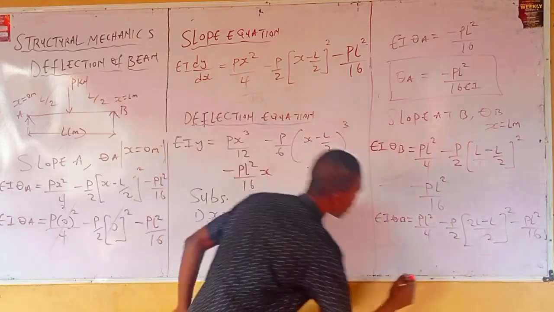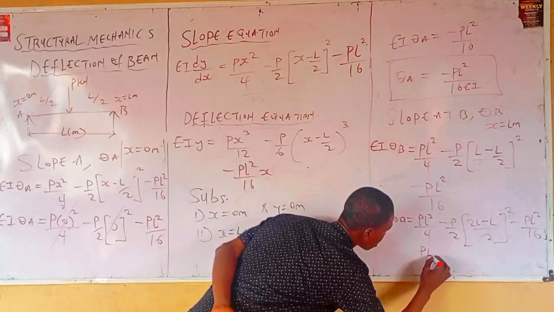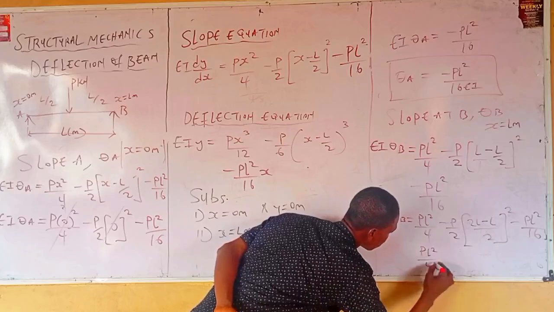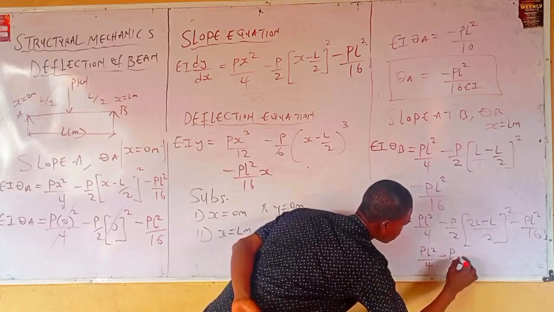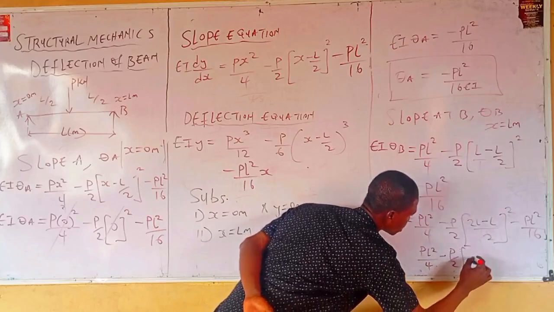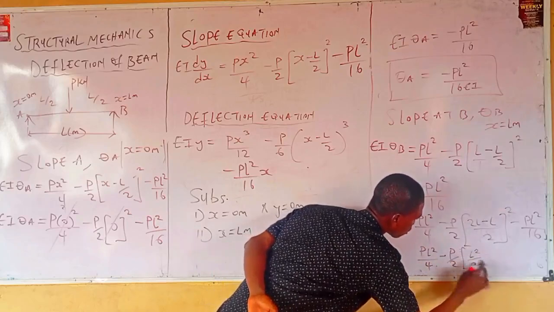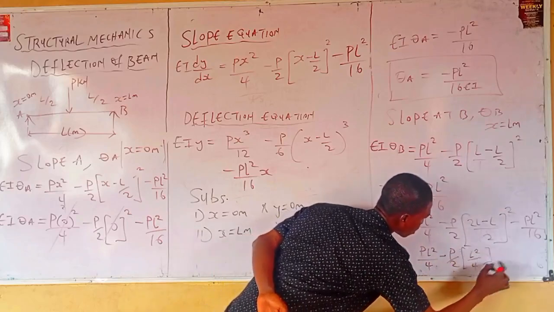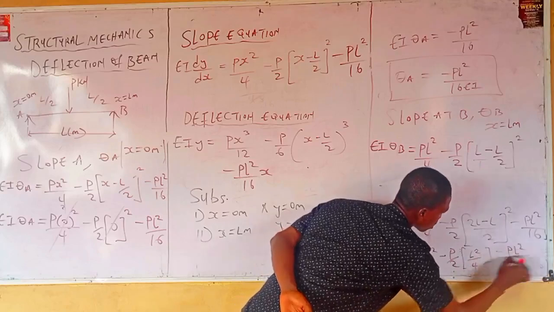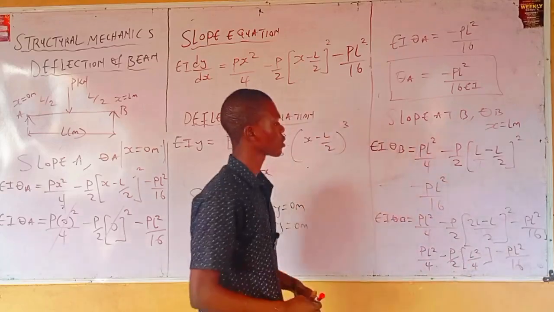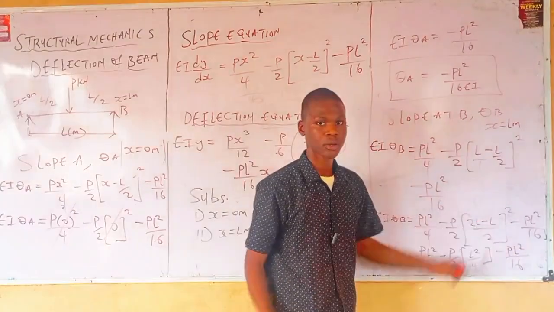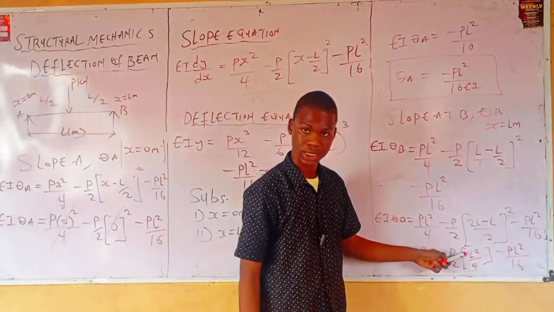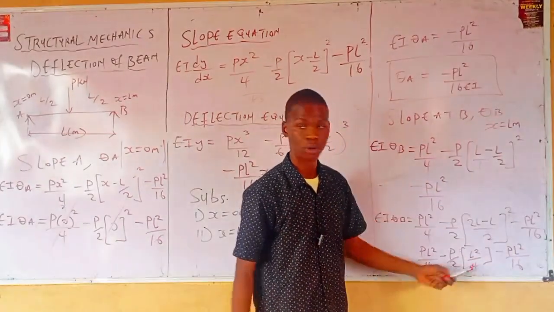From here, I have PL squared over 4 minus P divided by 2 all into bracket L squared over 4, minus PL squared over 16. 2L minus L, that's L. L squared, this is it. 2 squared, 4, right?